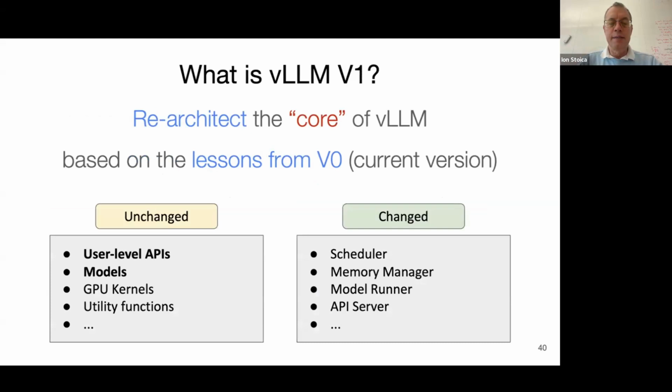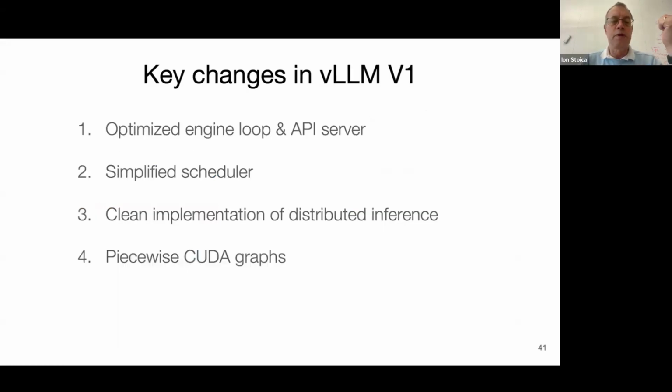So some of the things remain unchanged, like GPU kernels, the models you are supporting, user-level APIs, but some of the things change, like scheduler, memory management, and so forth. In particular, I'm going to go over 4 changes. Some of them are more or less obvious. Some are a little bit less, but all of you'll see common sense.